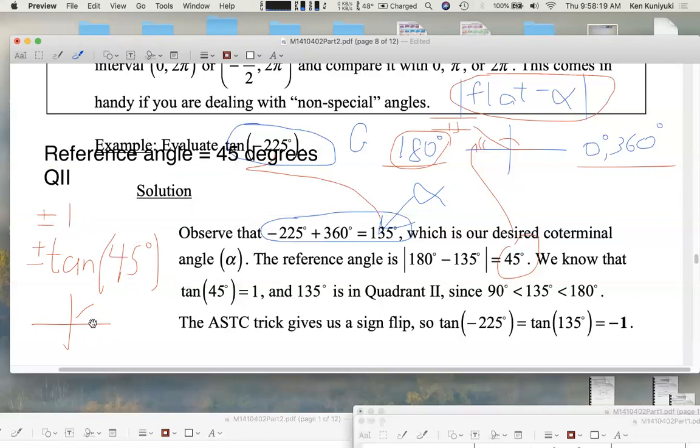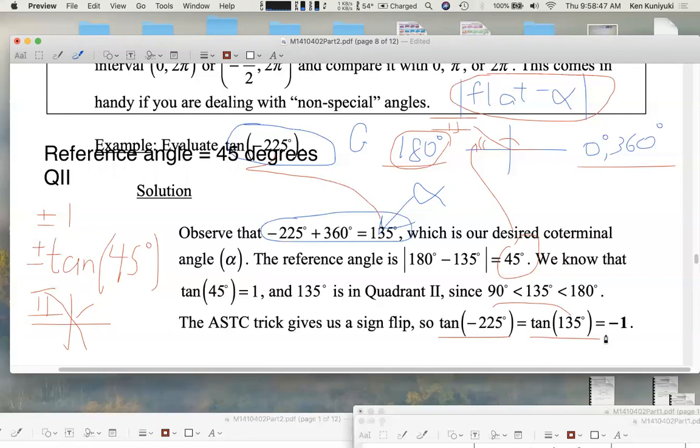Well, we're in quadrant 2, remember? And in quadrant 2, slope is negative. Also, all students take calculus. In quadrant 2, sine and cosecant are positive. The other guys, like tangent, they're negative. So the tangent of negative 225 degrees is going to be the same as the tangent of 135 degrees because these two angles are coterminal.